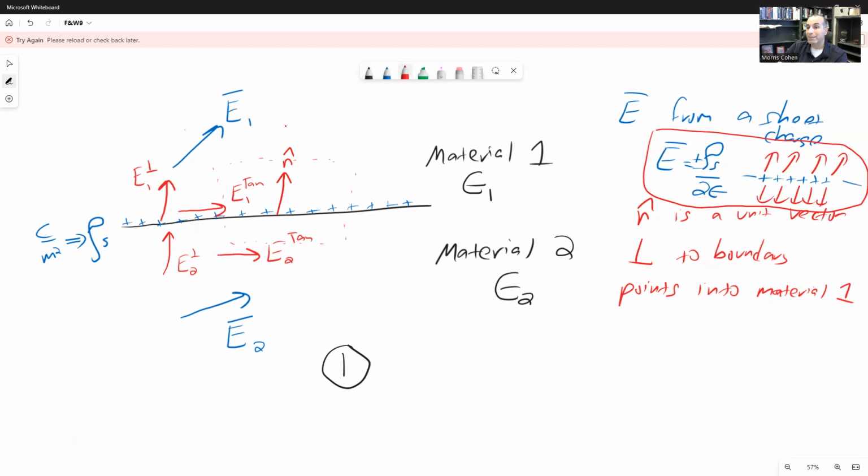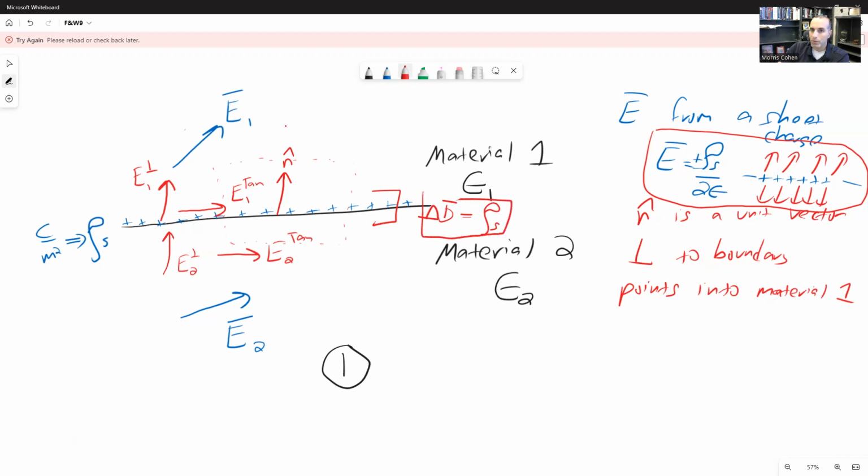What's important to note is that the difference in the electric field from one side to the other, right, you can look at that as delta E, is simply equal to rho S over epsilon. Another way to look at it is that if there is charge built up, then the delta D on this side is going to be equal to exactly the charge density.